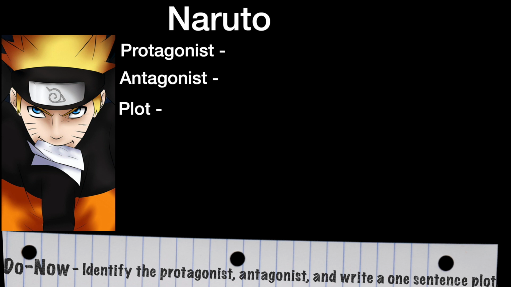Okay, let's review really quickly. Just like Harry Potter, Naruto is the title of the story, so most likely he would be the protagonist. Orochimaru stands in the way of Naruto's goal, so again, he is the source of his conflict, so Orochimaru is the antagonist.